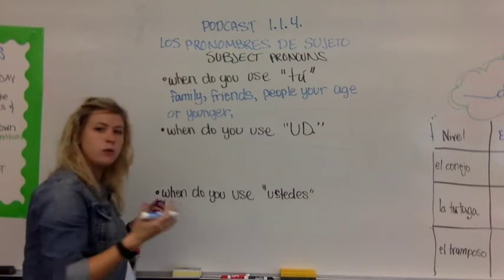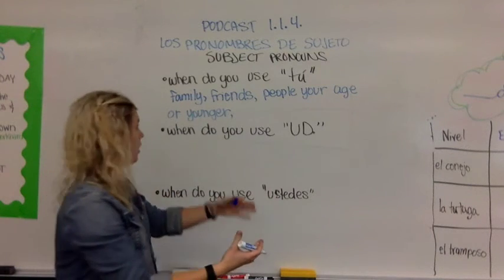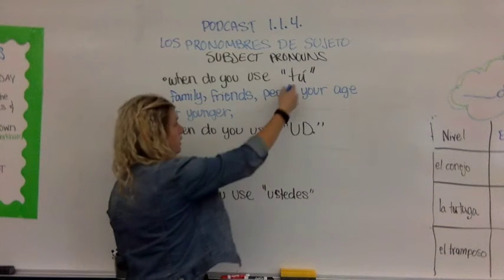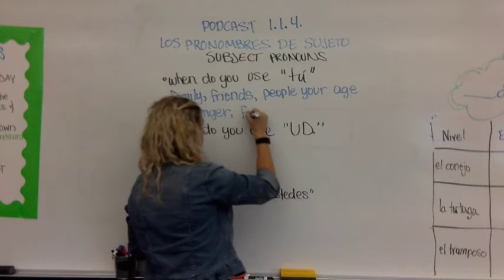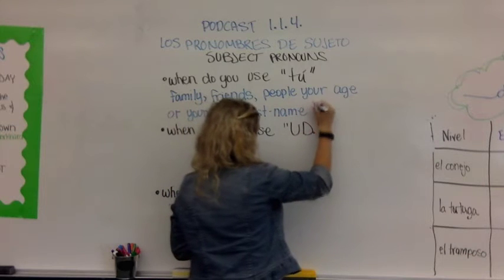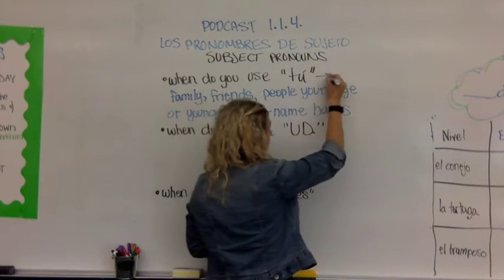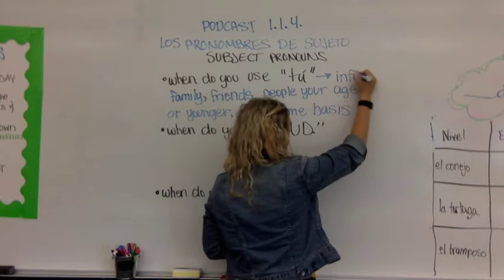And lastly, anyone you call by their first name. So if you're speaking to someone that you use their first name with, you will use tú. Anyone you're on a first name basis with. So we kind of generalize tú as being the informal you.